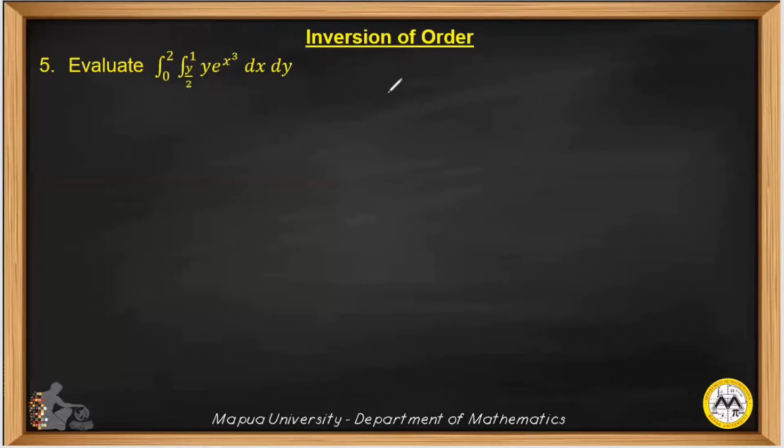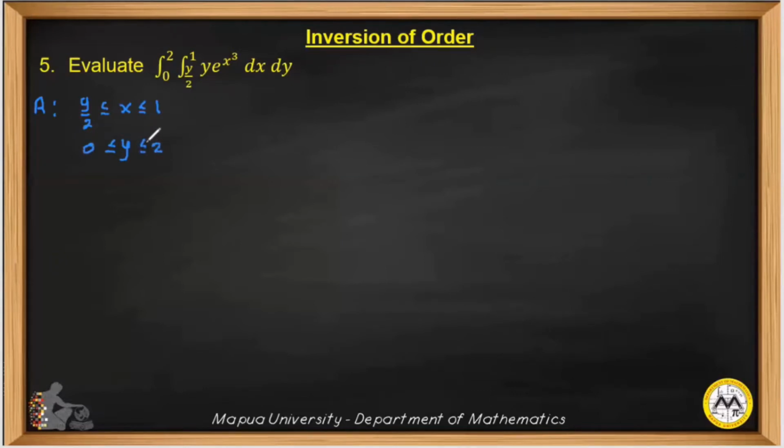Now, how do we do it? In here, the region R is x going from y over 2 to 1, and y goes from 0 to 2.